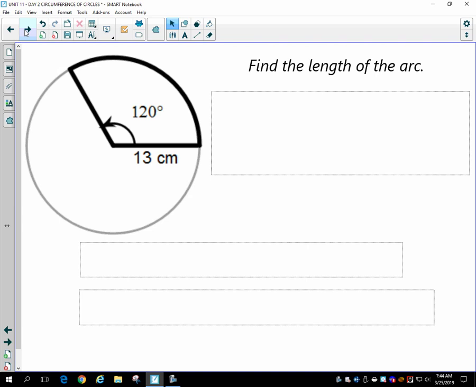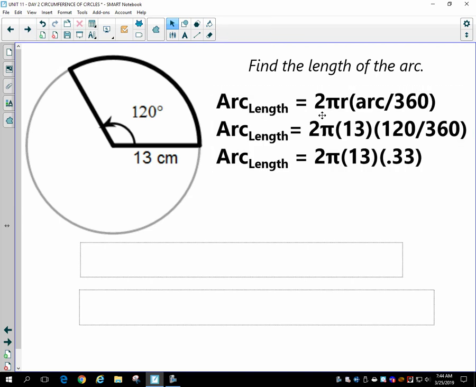So I want you to pause here. I want you to try this one on your own. You have an arc of 120 degrees and a radius of 13 centimeters. I want to know how long the arc is in centimeters. So I'm going to plug 13 in, my radius, and 120, my arc.